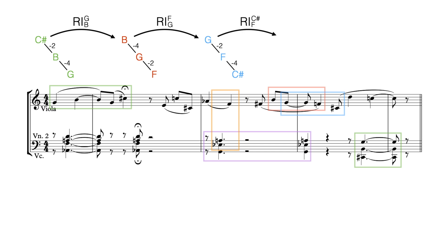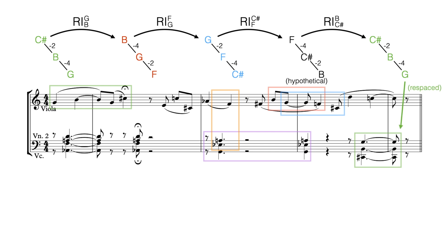Then we can imagine the chain as continuing through a hypothetical missing link, F, C sharp, B, arriving finally on C sharp, B, G, our destination, rearranged as the final chord of the passage.